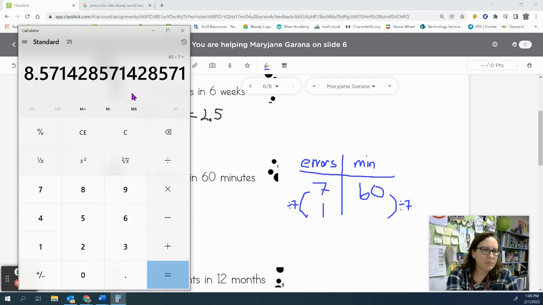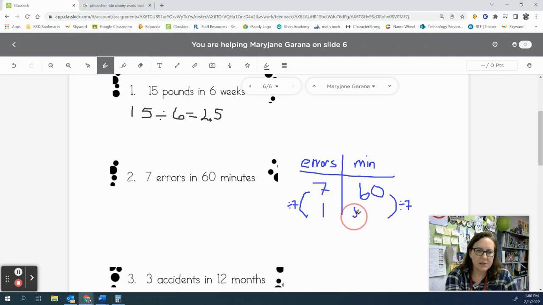Okay, so it looks like it repeats too. We're going to round it to the nearest hundredth, which is the 7 right here. The 1, is that going to make the 7 stay a 7 or is it going to turn an 8? Okay, it's going to stay a 7. So it's 8.57. So every 8.57 minutes, there's an error made.